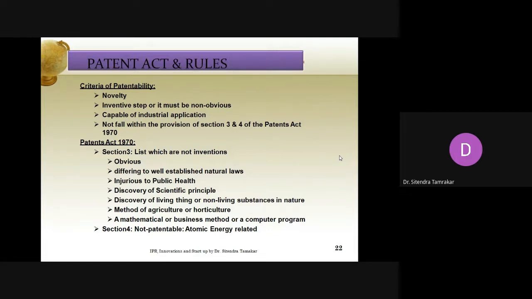Discovery of a scientific principle, discovery of living things or non-living substances in nature, methods of agriculture or horticulture, a mathematical or business method or a computer program. And Section 4 specifies non-patentable or atomic energy related inventions. So under these categories, you cannot file a patent in India.